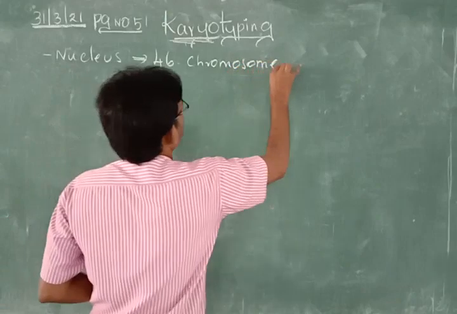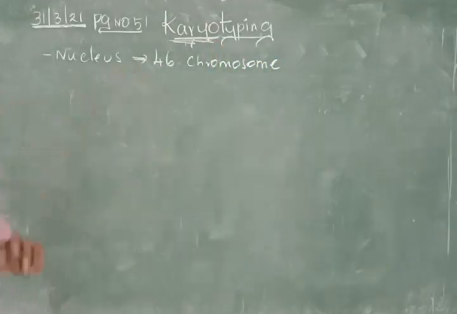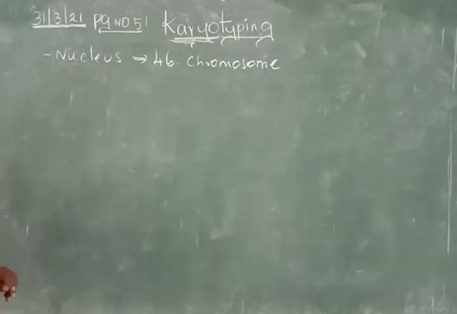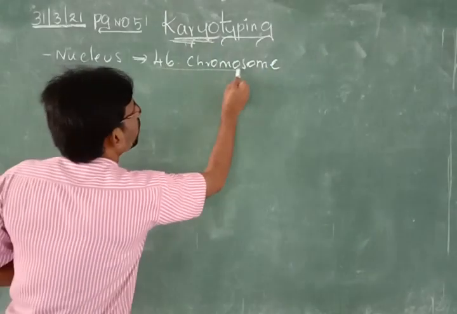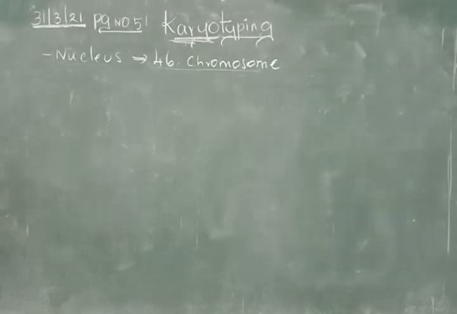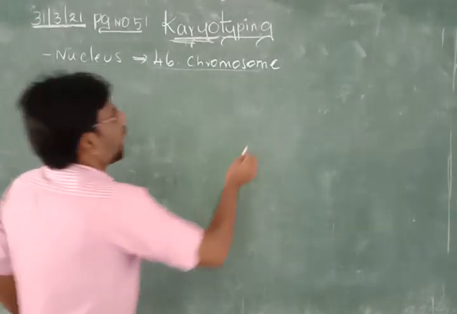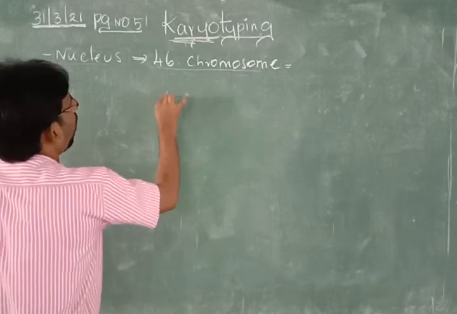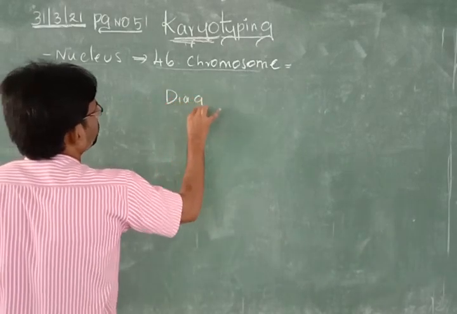During karyological studies, or when we make this karyotyping, we are completely removing these 46 chromosomes from the nucleus, and these chromosomes are arranged in the form of a diagram.